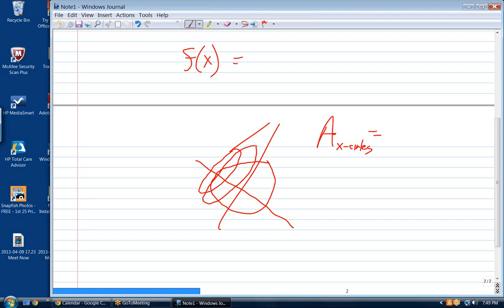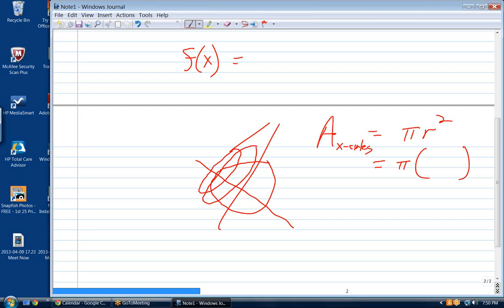Okay, what's r? The radius would be determined by the y measurement of that base circle, right?